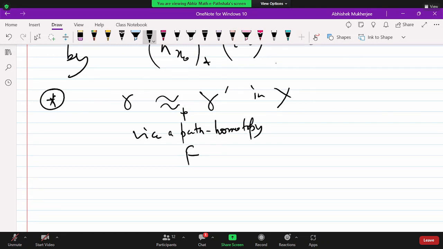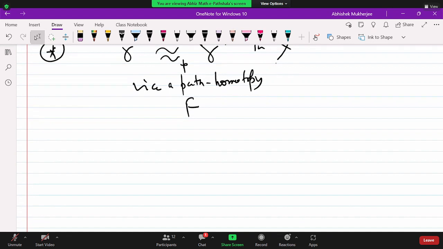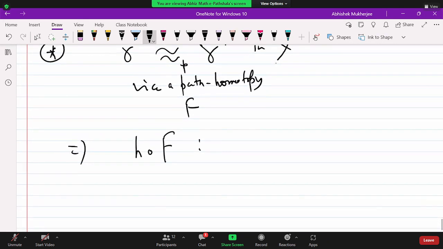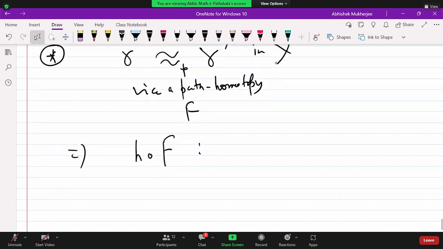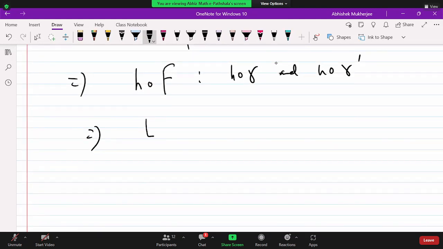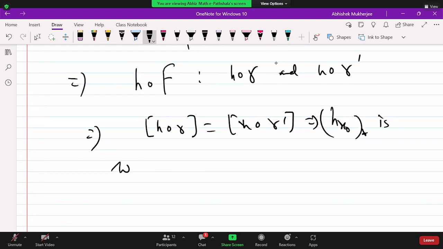Then this path homotopy will give you the path homotopy h composed f, right? And this will be a path homotopy in between these two paths: h composed gamma and h composed gamma dashed. Therefore the classes are the same, and this implies that h x naught star is well defined.